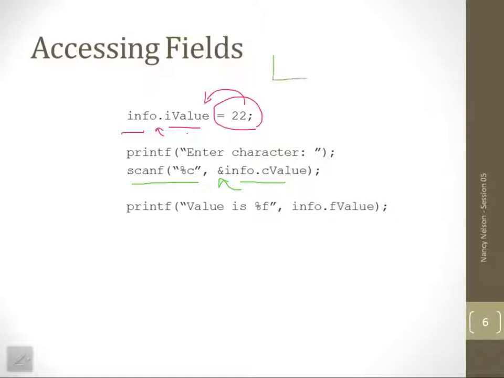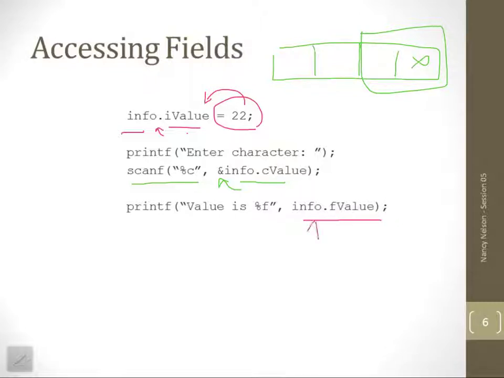Remember, we're talking about all the same space. When I assigned the integer, it would have gone into half of the space. Now that I'm working with a character, it's going to go in a quarter of that space. Finally, if I want to print out the floating point number, here's my union, my dot operator, and the field name. Because it's a floating point, it's going to take the information from all of the space and print that out as a floating point number.